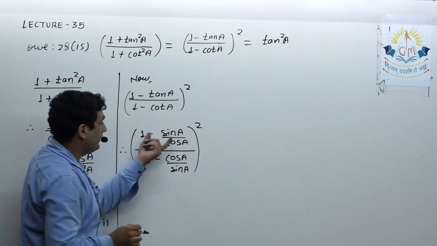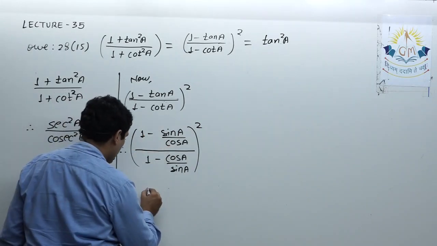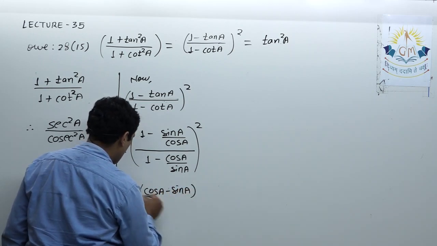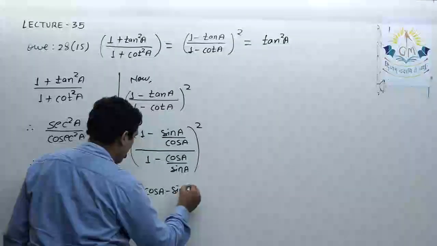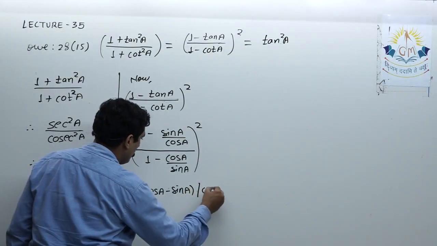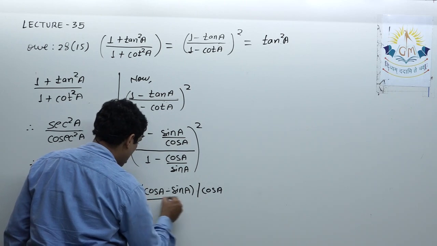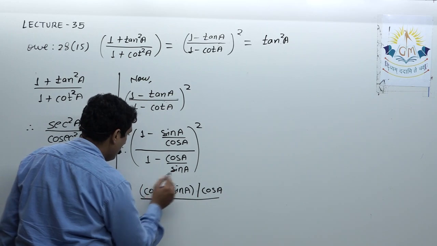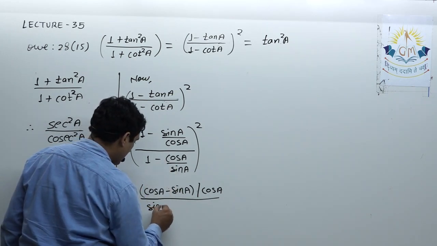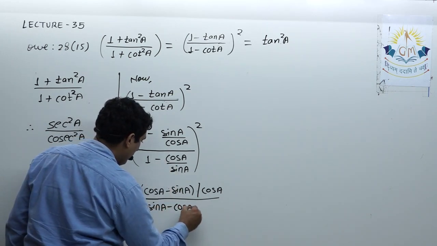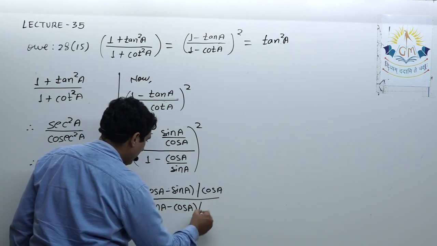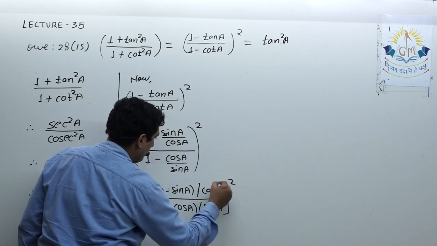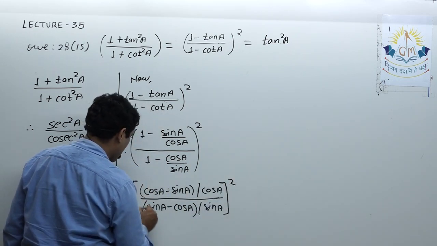In the numerator I can take the LCM, so this becomes cos A minus sine A upon cos A, divided by sine A minus cos A upon sine A, raised to the power 2. Okay, square is there.